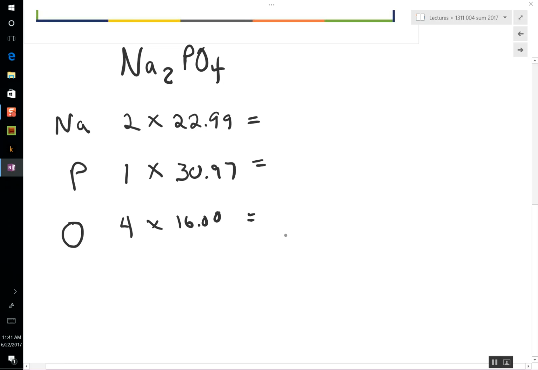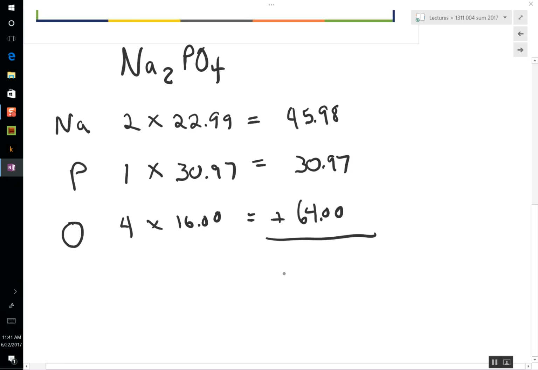Okay, so we need to get this number down here to begin with before we get a percent composition. This I know is 30.97. This one I know is 64. What's the top one? 40 what?